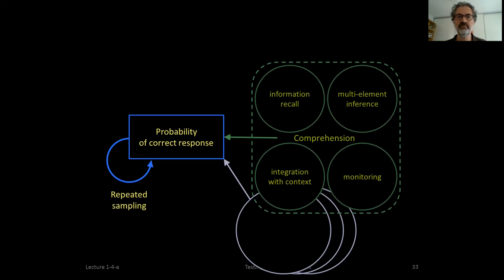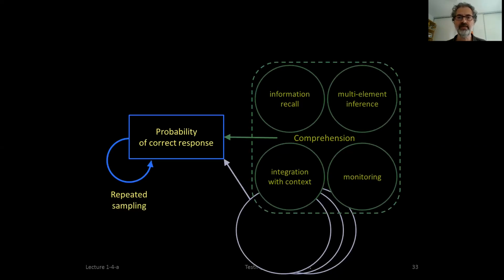So when you're trying to measure comprehension, you're faced with an impossible task. You can either try to assess all of these, in which case you will get a test that is not very reliable because these aren't completely perfectly correlated.